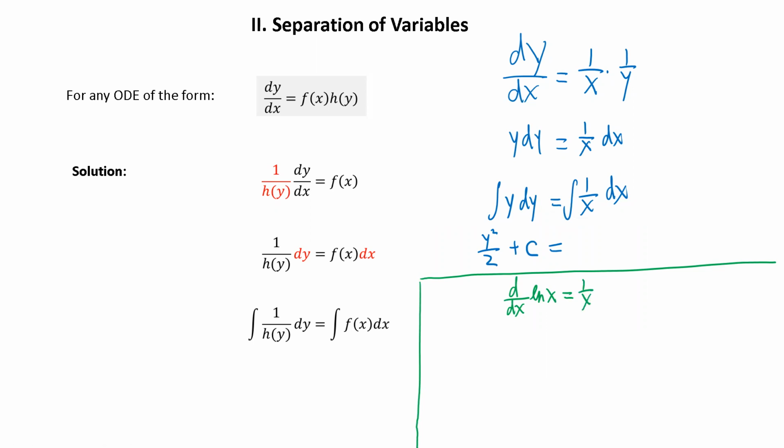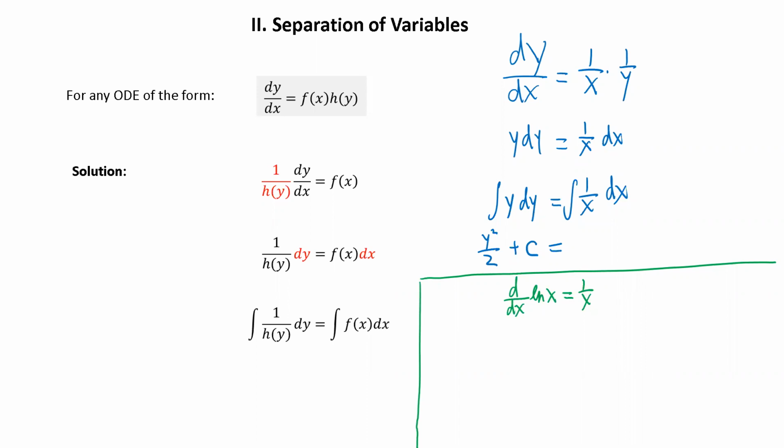But when I write down this, basically we are considering x greater than 0, right? Because the log function is only defined there. The log function is not defined if x is negative.